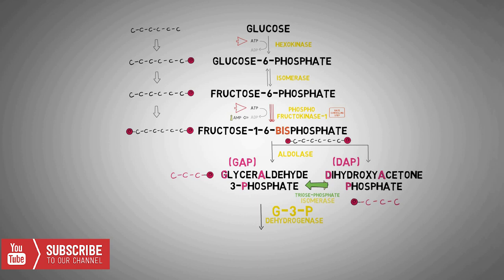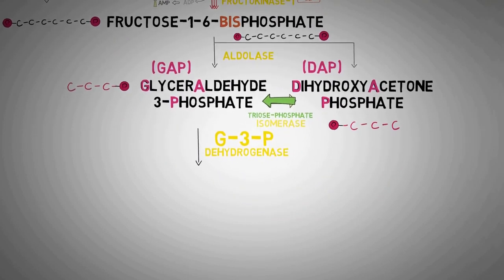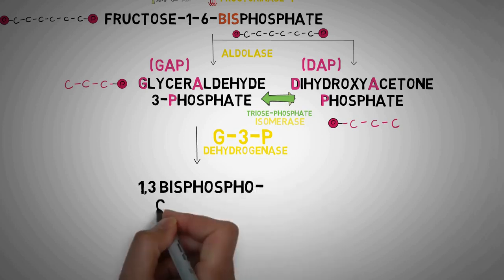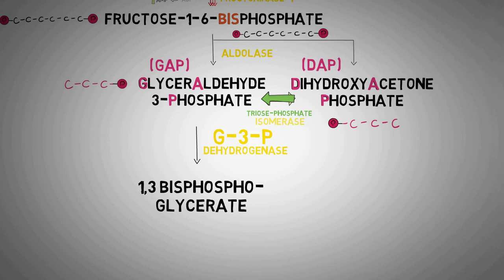So if you look at it carefully, we now have 2 molecules of GAP for every 1 molecule of glucose that we started with. GAP is acted upon by GAP dehydrogenase enzyme and converted into a bisphosphate known as 1,3-bisphosphoglycerate, which is a high energy molecule and is used in the next few reactions to derive some energy in the form of ATP.